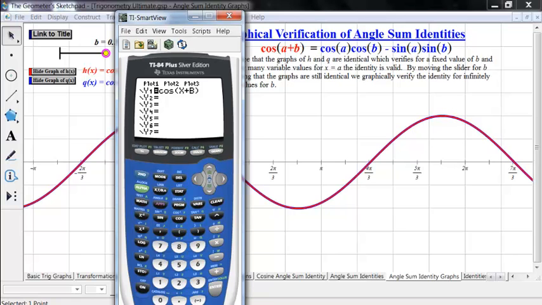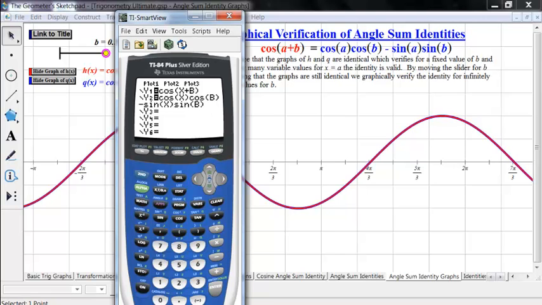Then I do the other one: cosine of x, then cosine of b, a specific value of b, minus sine of x times sine of b.